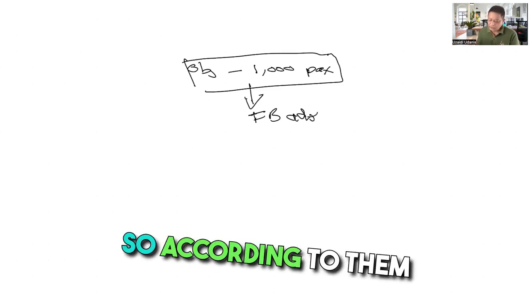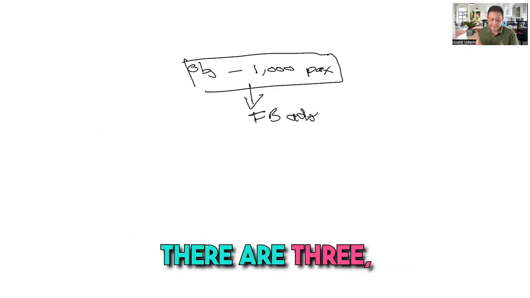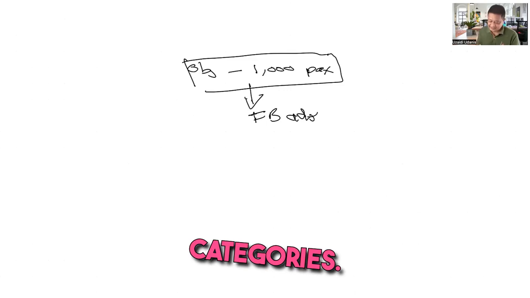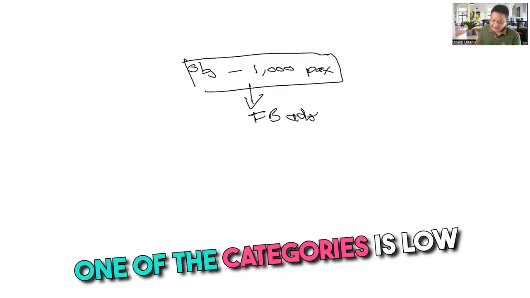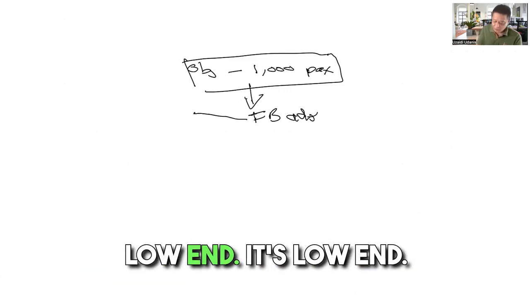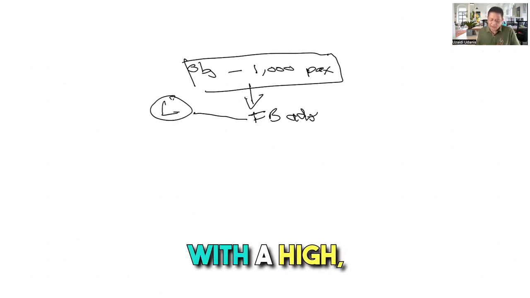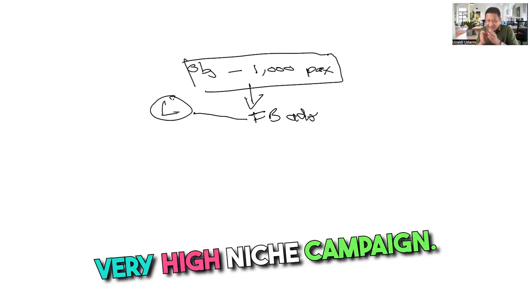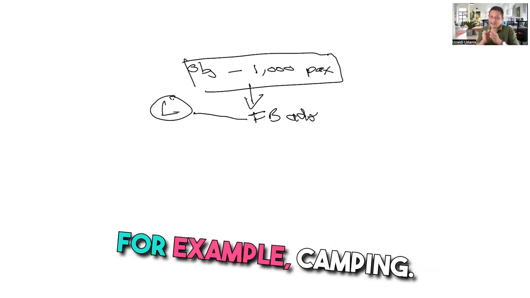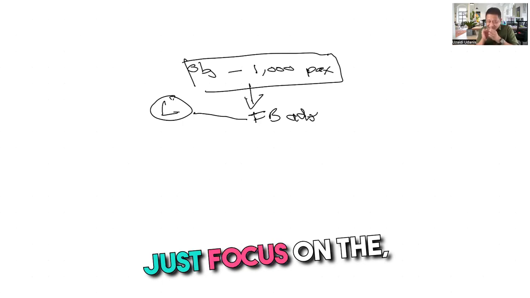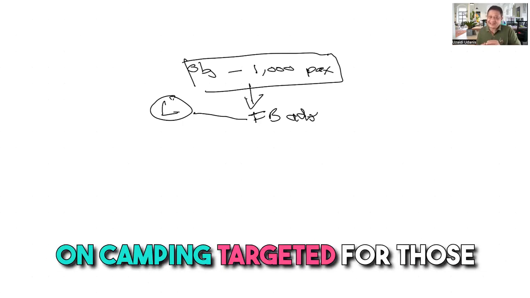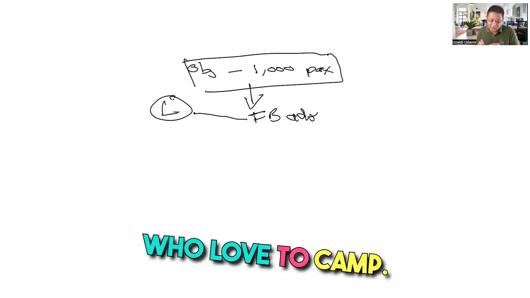According to them, there are three categories. One of the categories is low end. That means this is achievable with a very high niche campaign. For example, camping. Just focus on those who love to camp.